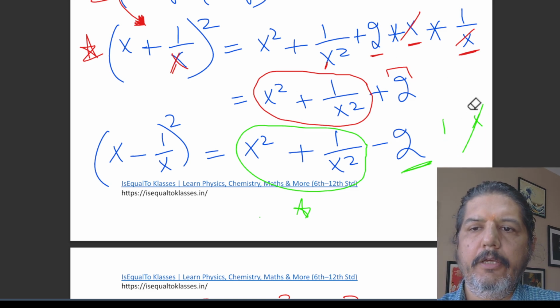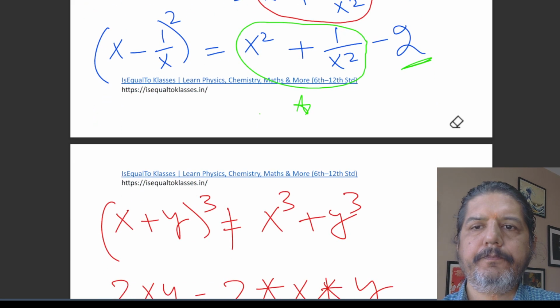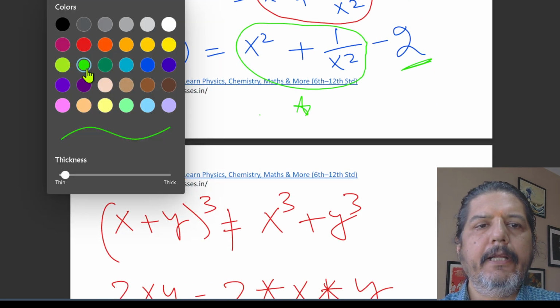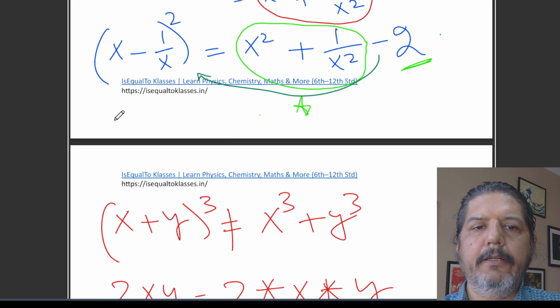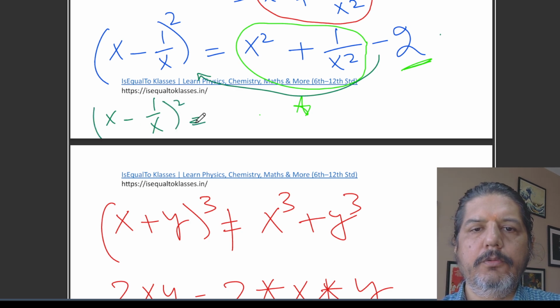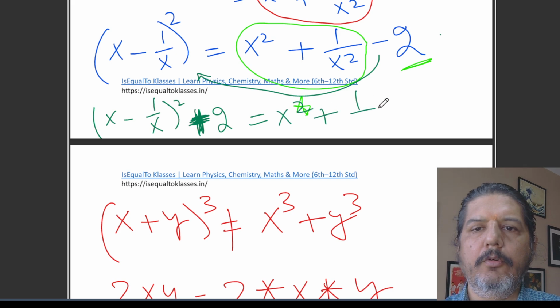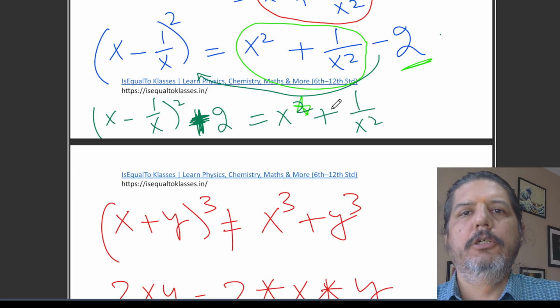And if I take this 2 on the left hand side, I am left with (x minus 1 upon x) whole square plus 2 is equal to x square plus 1 upon x square. So hope this is clear.